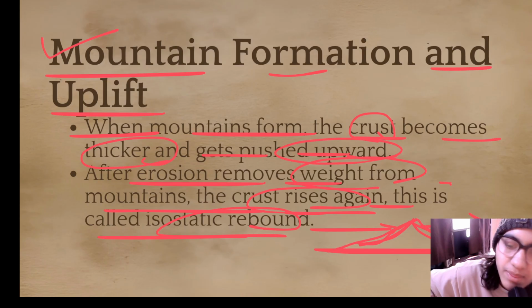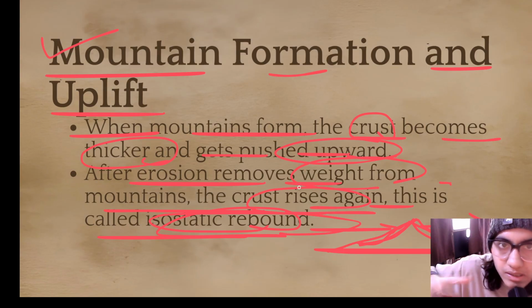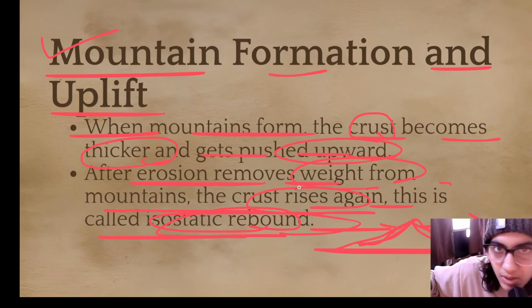Because of that, we don't see the height of the mountains decrease. Why? Because when erosion happens, the weight on the crust decreases, so the crust rises. I hope you understand why the height of the mountains remains the same even after the erosion process.